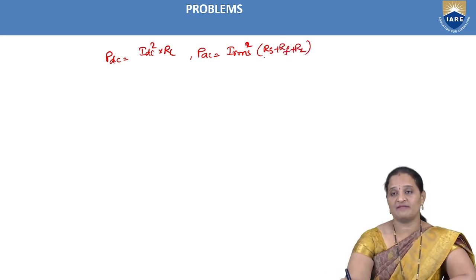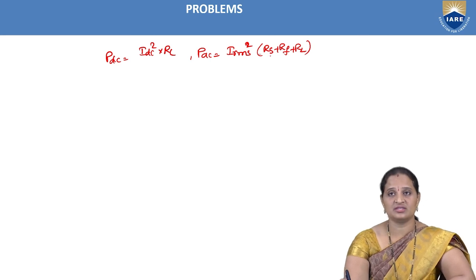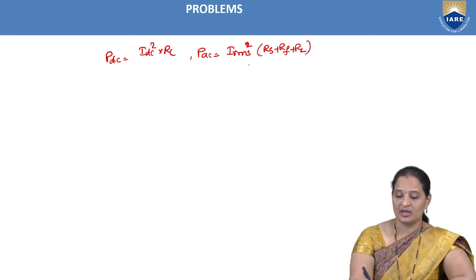Because the forward resistance of the diode is not negligible, and the internal resistance of the secondary winding of the transformer is also given, from this you can calculate.